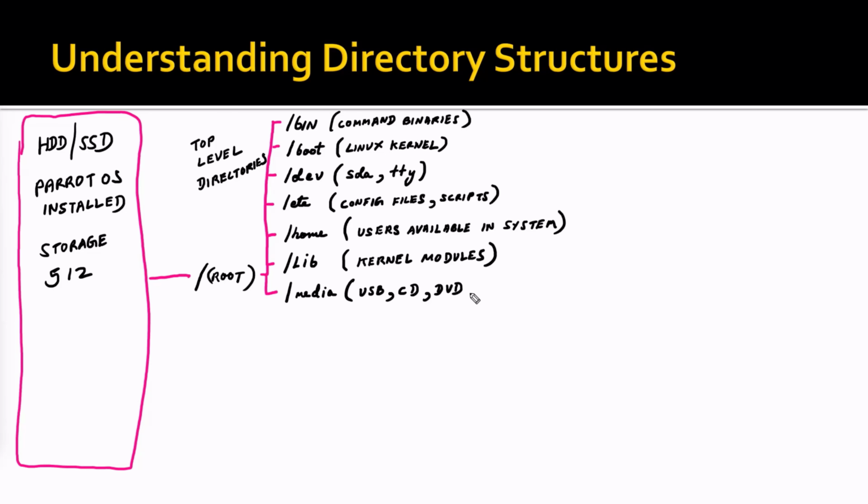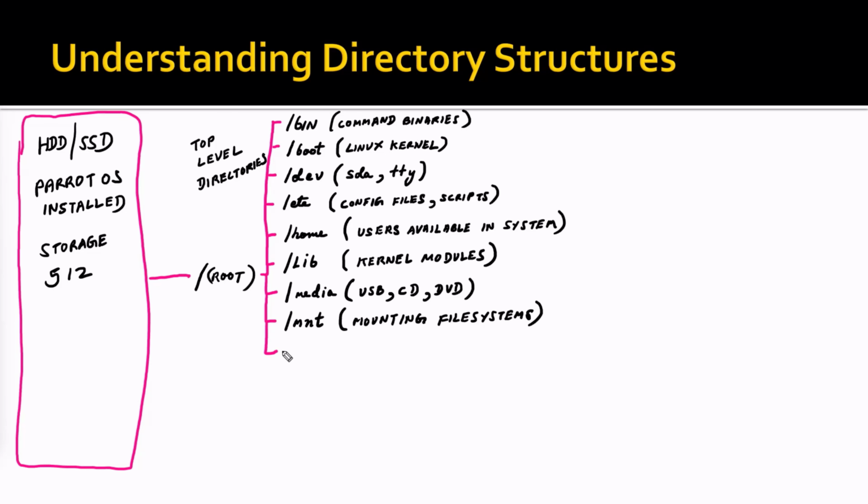Devices are typically mounted here automatically. We have got /mnt. Now, this is a generic mount point for manually mounting file systems or devices. It's often used by administrators for temporary mounts.